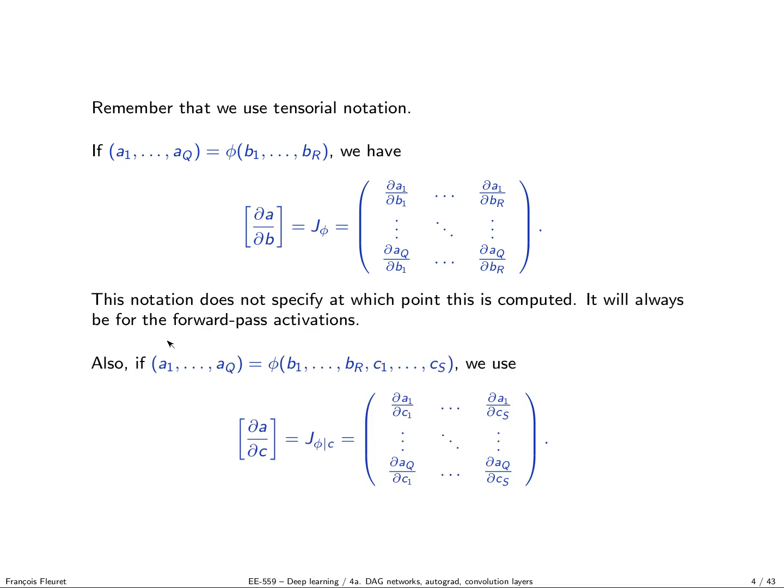We also introduced this notation where, when a function depends on two quantities, two vectors, B and C, I will use this conditioning notation, which means that I'm just computing the Jacobian with respect to one of the arguments. We need this because sometimes mappings will depend on both activations and parameters, so we need a way of specifying with respect to which argument we are computing the differentiation.